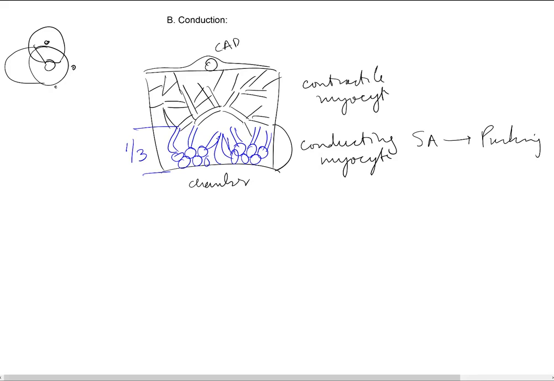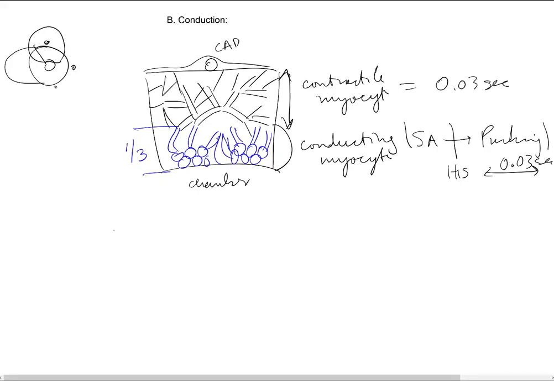And it's important to note that the time it takes from the SA node all the way through to the bundle of His is going to be slow, to give time for the atrial contraction, but from the bundle of His all the way through to the end point, which is the contractile myocyte, that's 0.03 seconds. And then the time it's going to take to go through the contractile system is the same amount of time. That's 0.03 seconds.